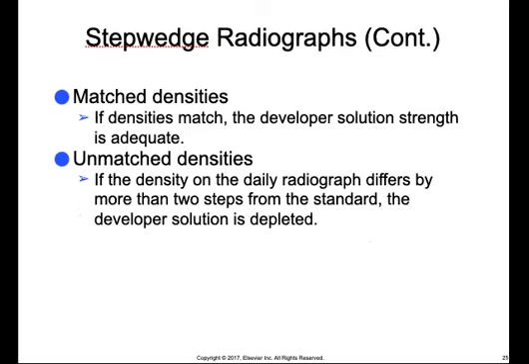If the density on the standard radiograph matches the daily radiograph, the developer solution strength is adequate, and we can go ahead and process our films. If the density on the daily radiograph differs from that on the standard radiograph by more than 2 steps on the step wedge, the developer solution is depleted and should be changed before proceeding with your processing.